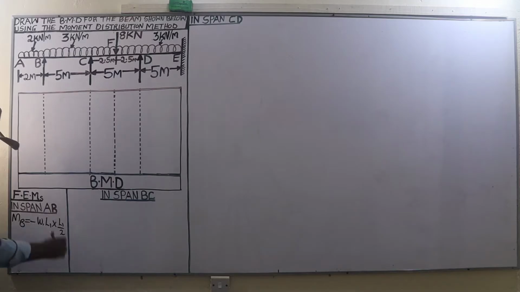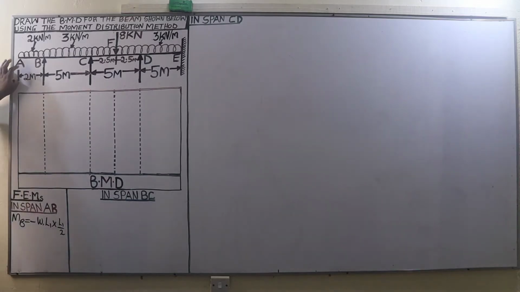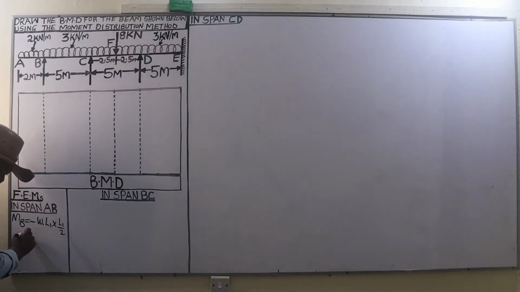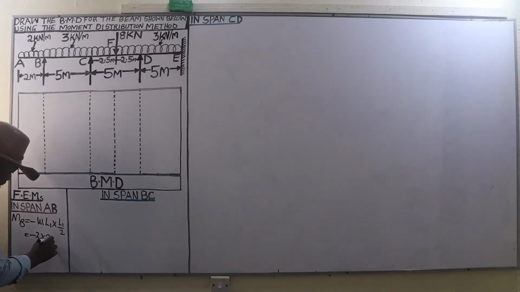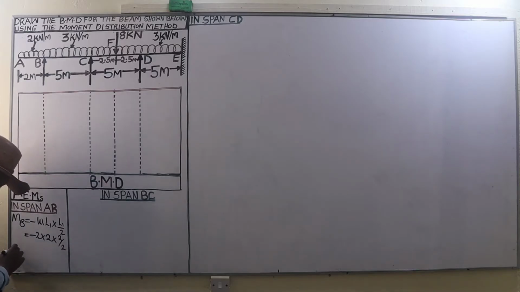And in this case, W is W1, that is the UDL between A and B. And this is going to give us W, which is 2 kilonewtons per meter, multiplied by the span, which is 2 meters, multiplied by half of that span. And that is going to give us a bending moment at B of negative 4 kilonewtons meter.